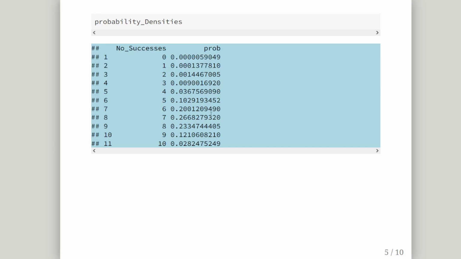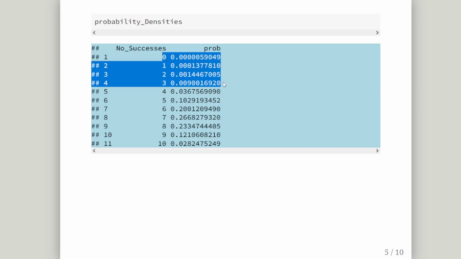You can see here that the probability of 6 successes is 0.2001, the probability of 7 successes is 0.2668, and the probability of 8 successes is 0.2335. And they taper down on either side. For example, 9 is 12% essentially, and the probability of 10 is 2.8%. And on the other side, they're very small probabilities as well. Okay, that's what we're asked to do.